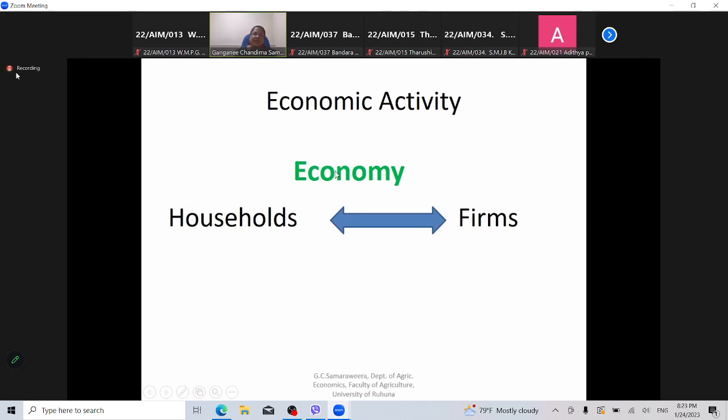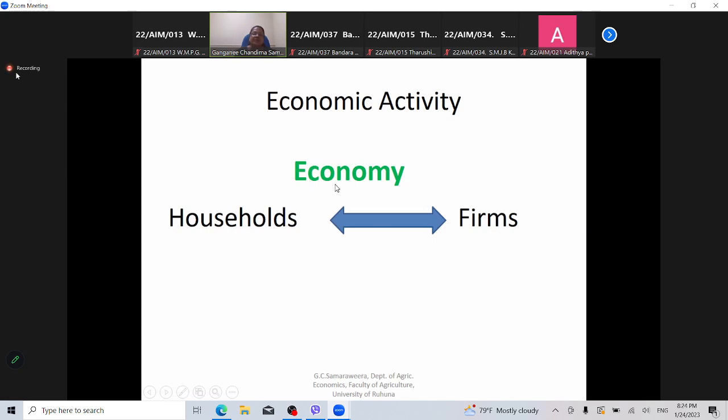So when households and firms are interacting, the place we call the economy. They are doing economic activities, both of them, households and firms. In this area we call the economy, these transactions, receiving and giving money, are taking place.